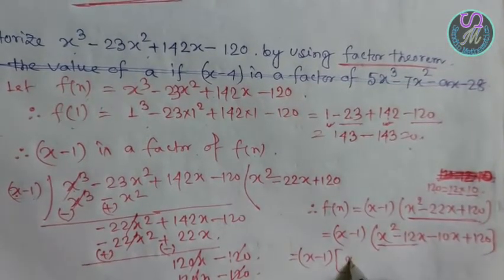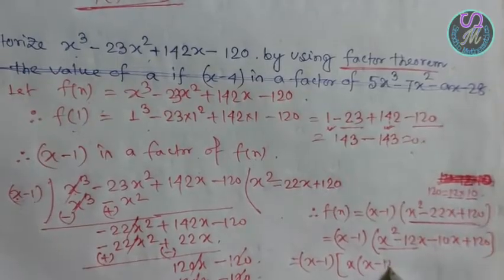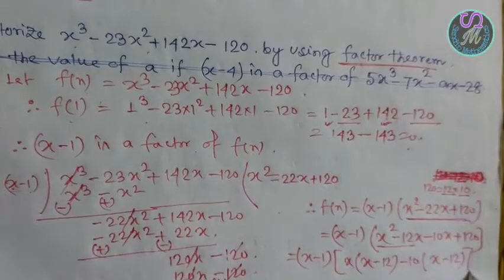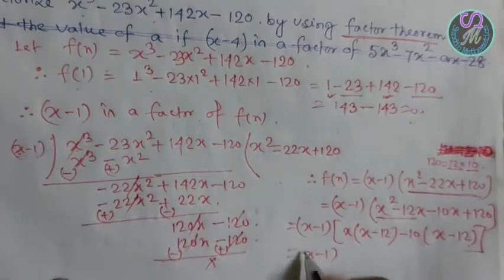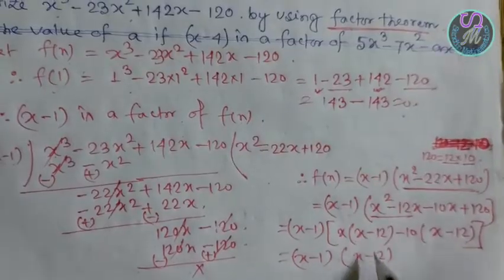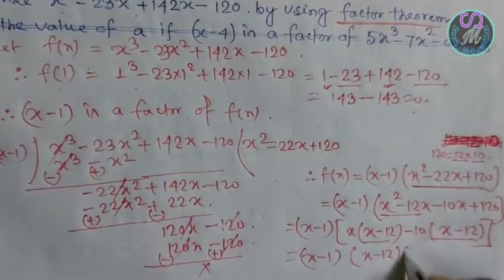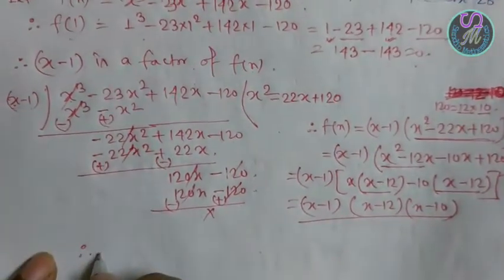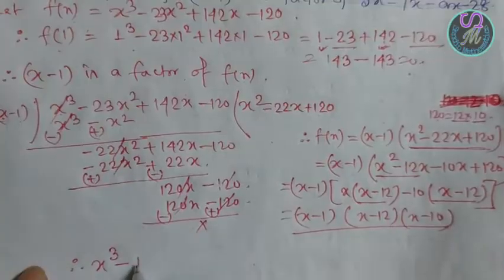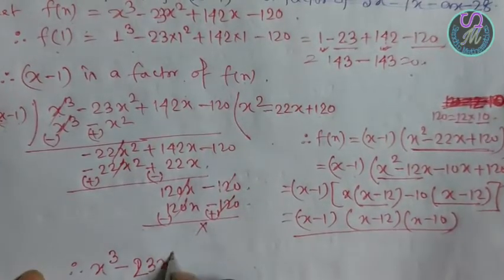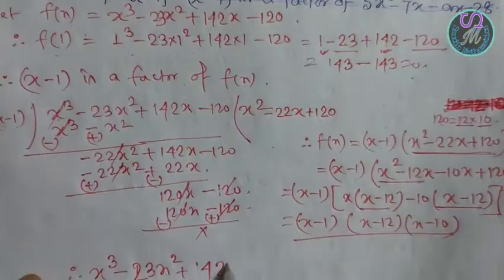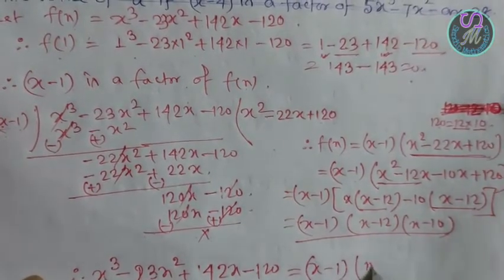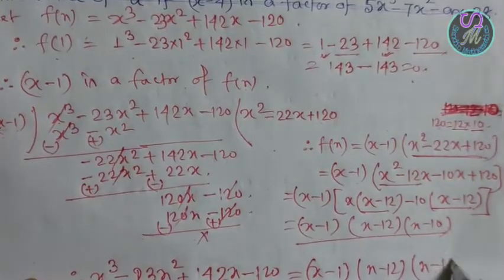Here in the first two terms x is common, then x minus 12, and here minus 10 will be common, that means x minus 12. So x minus 1 into x minus 12, here x minus 12 is common and the remaining is x minus 10. So the given polynomial x cube minus 23x square plus 142x minus 120 can be represented as x minus 1 into x minus 12 into x minus 10.